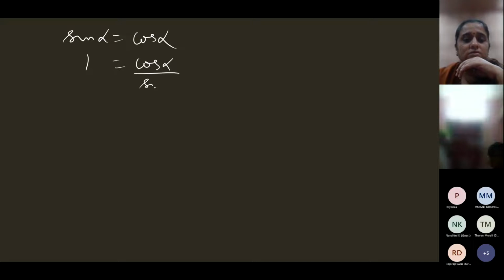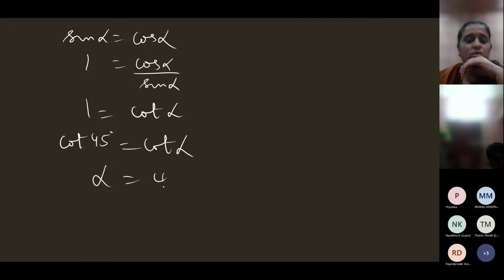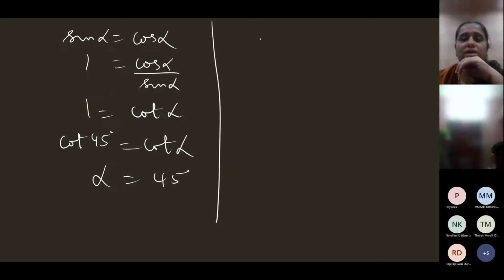Sine alpha is equal to cos alpha. You can bring the sine alpha to the other side for division. So 1 is equal to cos alpha by sine alpha. So 1 is equal to cot alpha. So cot 45 degrees is equal to cot alpha. So alpha is equal to 45 degrees. Cot alpha is 1 and cot 45 degrees is 1, so alpha is 45.